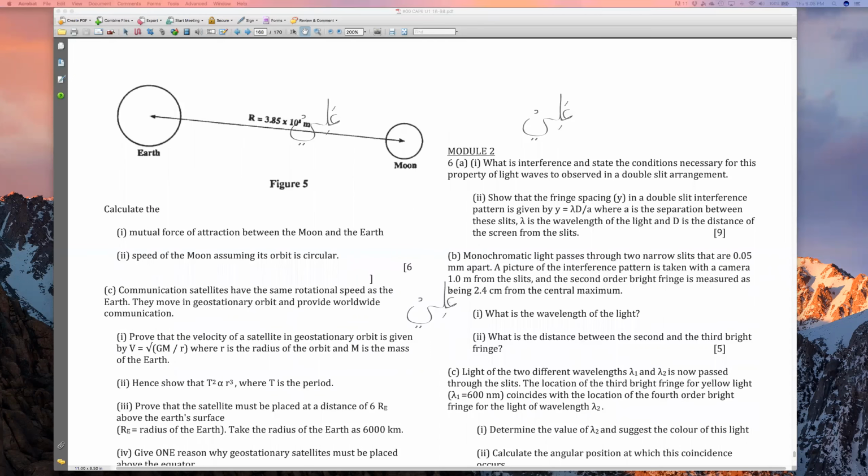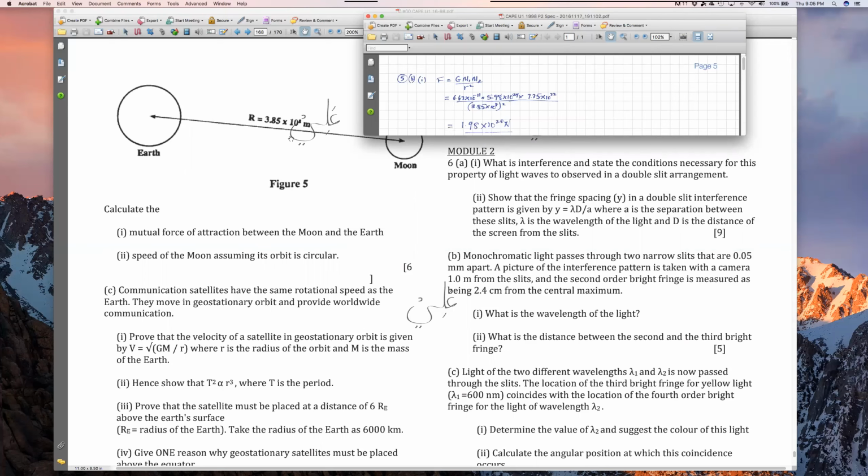So we simply substitute for g, m1, m2 and r squared. This r is 3.85 by 10 to the 8. The 8 is kind of blurred here, but that's what it is. It works out to be a force of 1.98 by 10 to the 20 Newton. Again, that is pretty straightforward. It's just a matter of substitution.